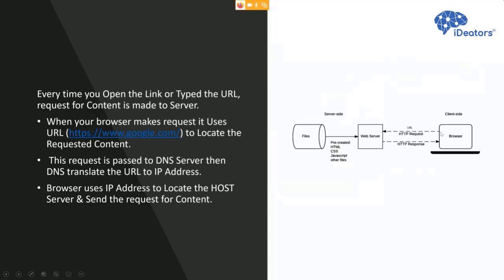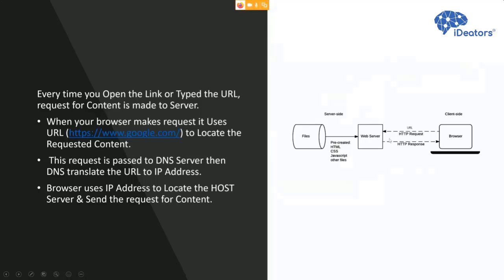The client first needs to send a request via URL, and then the server will send a response to the browser or the client, and the client will render it in the format in which it's been designed to present the information to the end user. And behind the scenes, the server interacts with a lot of services. It has a file service, a database, and all those things.